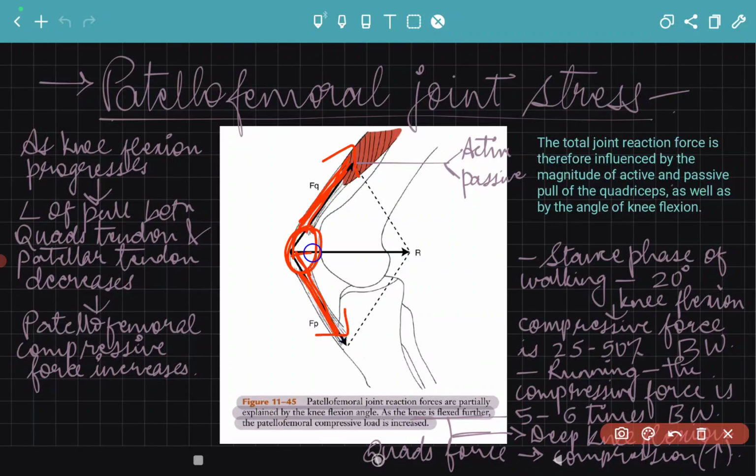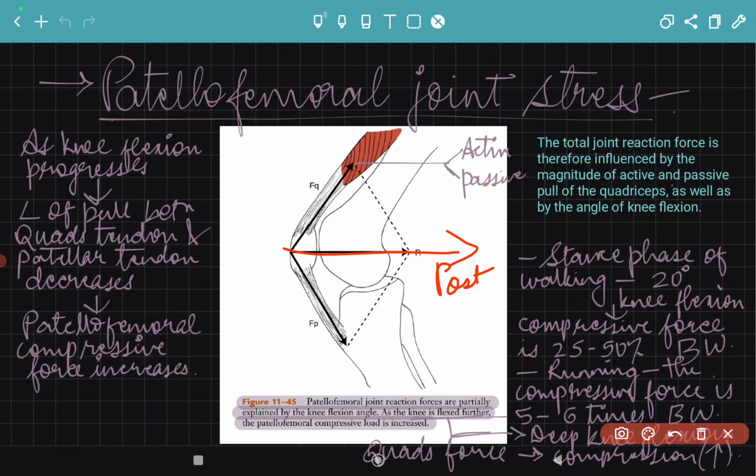The resultant reaction force is a posteriorly directed compressive force on the patella. This posterior compressive force on the patella increases as the knee flexion progresses.